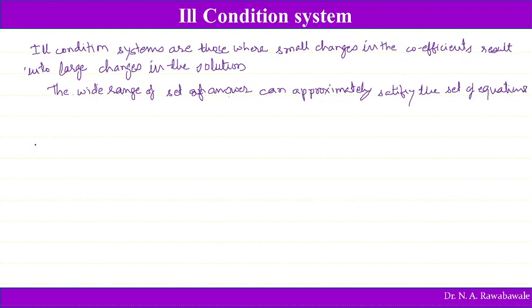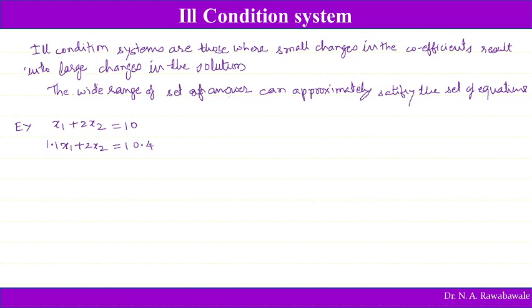For example, let us consider x1 plus 2x2 is equal to 10, and 1.1 x1 plus 2x2 is equal to 10.4.